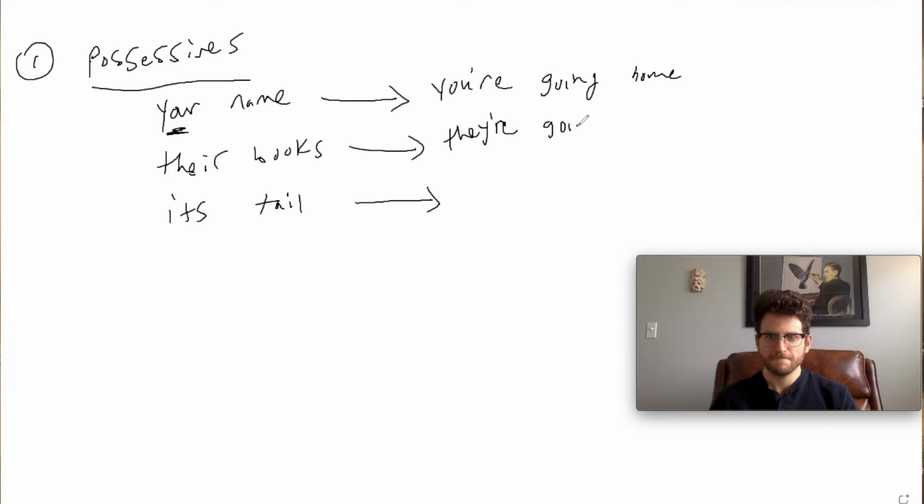Same thing, right? So if I were to use this there here, no good. Its also has its homophone, it is. It is going home, whatever the it is. So you've got to make sure that if you're using these possessive pronouns, that you're using them appropriately.